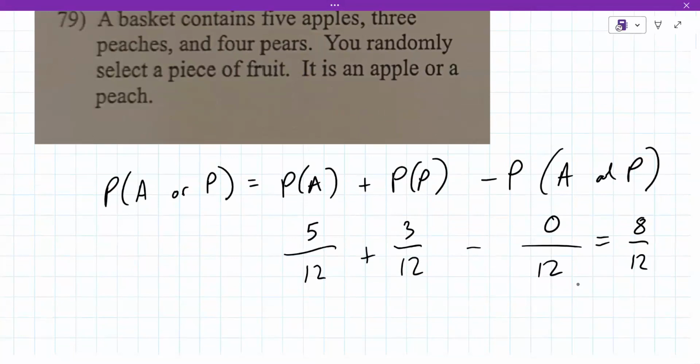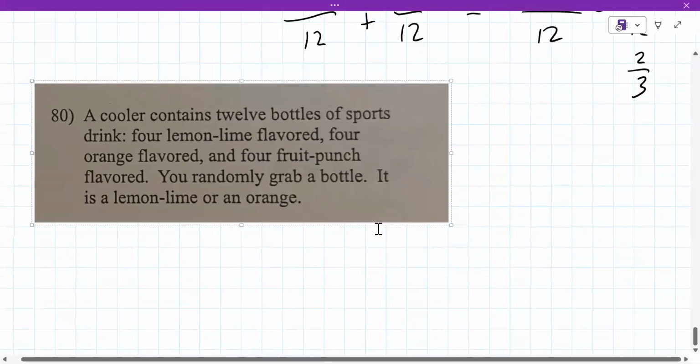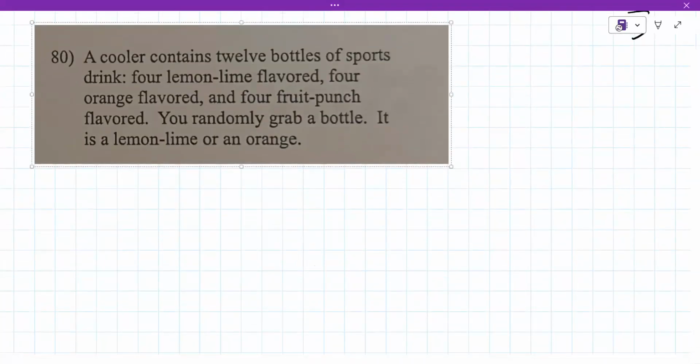You got it. All right, so why don't you try number 80 on your own before we move on to a new grouping of problems. So the probability of lemon, lime, or orange. That's right, it's basically the same process we just went through.